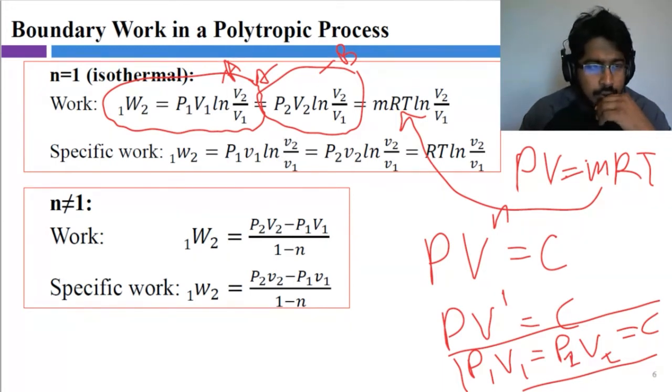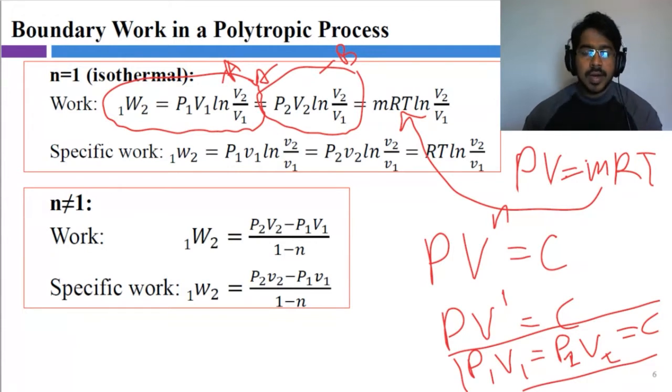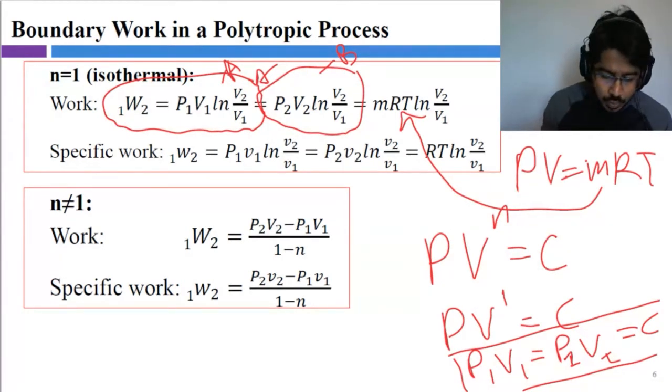Okay, so now if we divide this entire equation by the mass of the system that we are interested in, then work becomes specific work, right? And then we don't have to divide each and every term by mass.